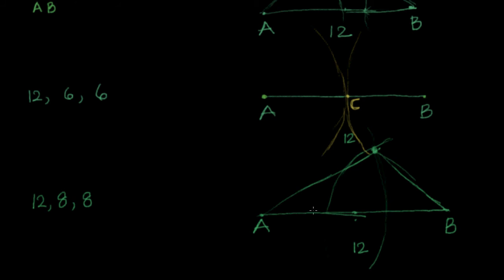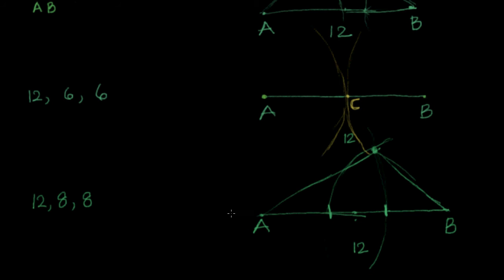So, if you just try to understand this, the 12 is AB, and next you are going for 8. That means you are coming here, and from B you are coming here. This total length, if you add them up, is greater than AB.